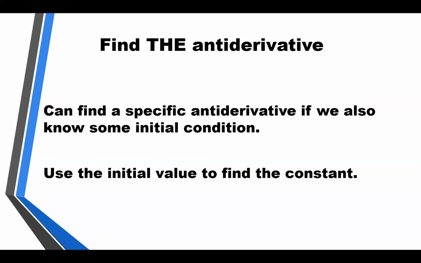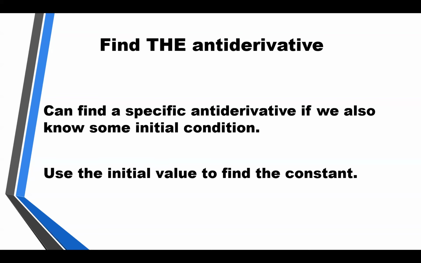Now, the last thing I want to cover in this video is finding the antiderivative. By that, I mean, can we find a specific antiderivative if I want to integrate a function and I also know some initial condition for that function?